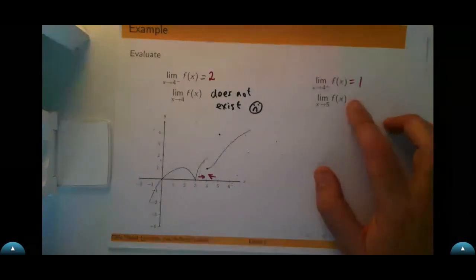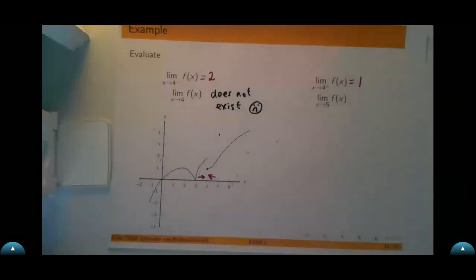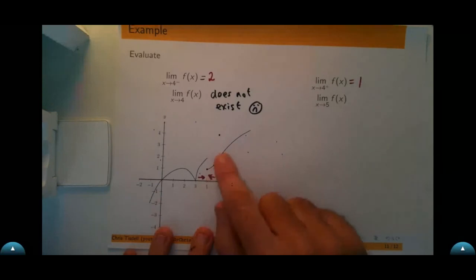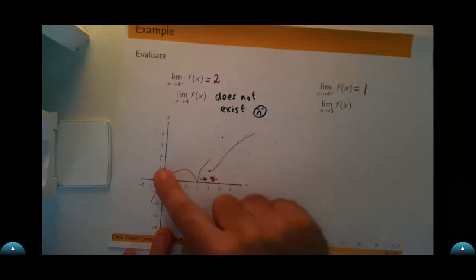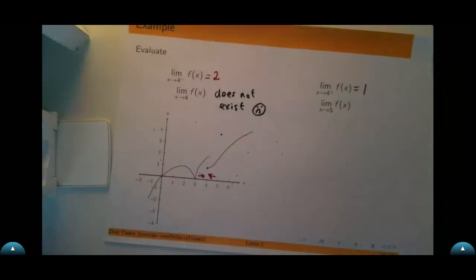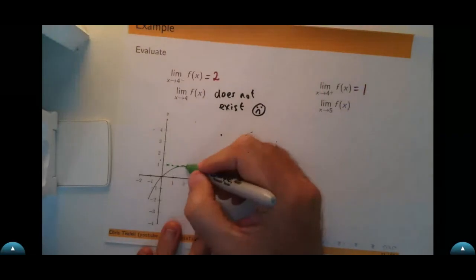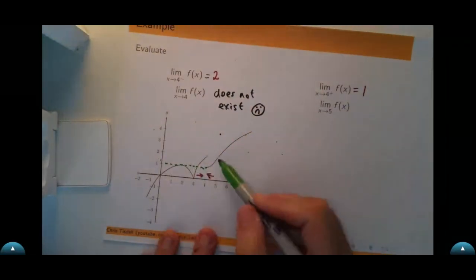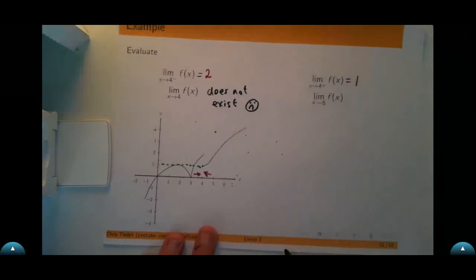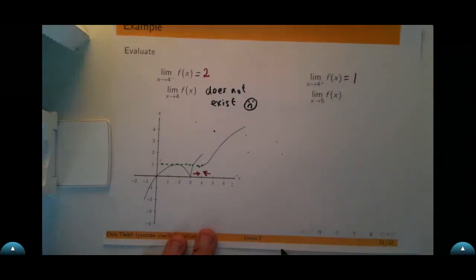What about this one here? So Abdul Rahman, it's a good question. The graph is coming down and you can see over here, that's what it's approaching, 1 on the horizontal axis.